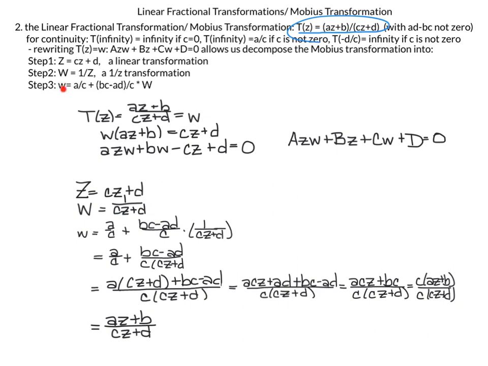And finally, w will be equal to (a/c) plus (bc minus ad) over c times my w, which is 1 over (cz + d). And from there, I just do some algebra, and you can see algebraically what I will get is (az + b) over (cz + d).